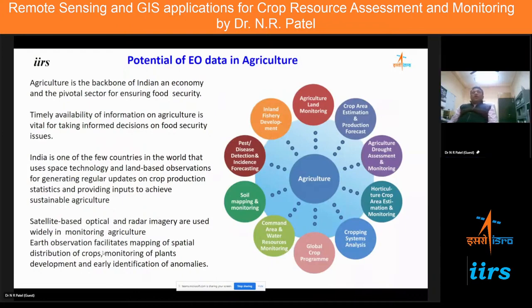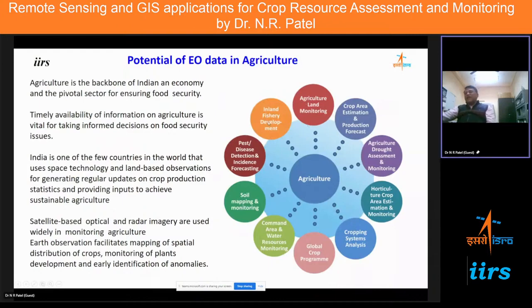Okay, so you can see different kinds of applications here: agriculture drought monitoring and assessment, horticulture crop assessment, cropping system analysis, agriculture land monitoring, fisheries.